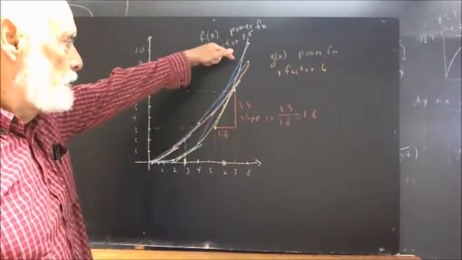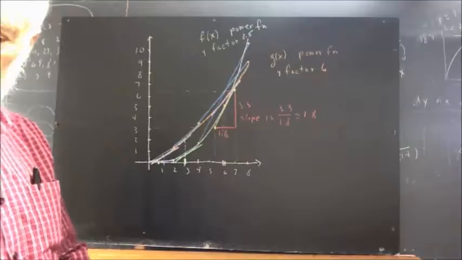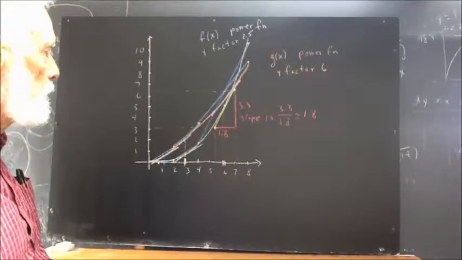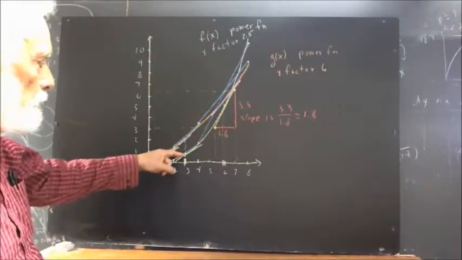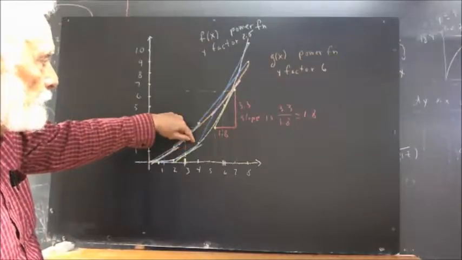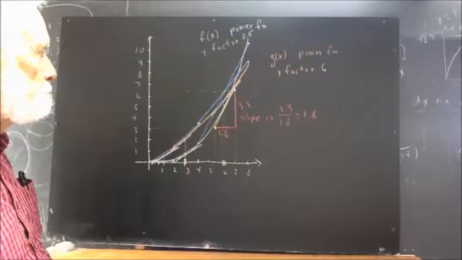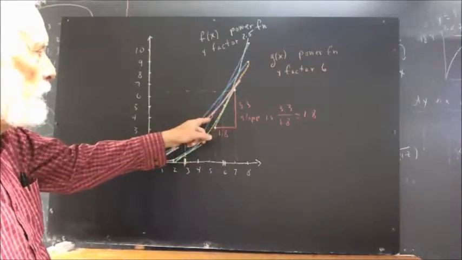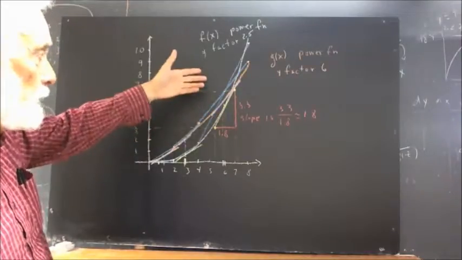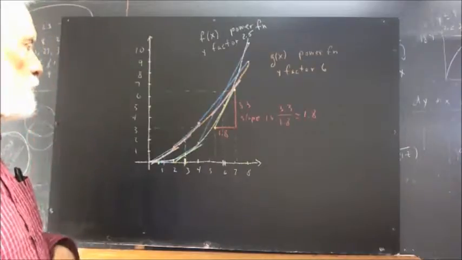Now I could calculate the slopes of all the rest of the tangent lines, and I have a choice in each case of calculating the slope of the tangent line or the slope of the blue line that's supposed to be parallel to it. If I look at the green line here and the line to which it's supposed to be parallel, I don't think I did a very good job of getting it parallel, but you can use your judgment.